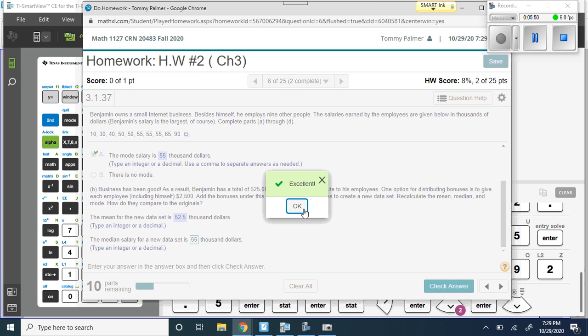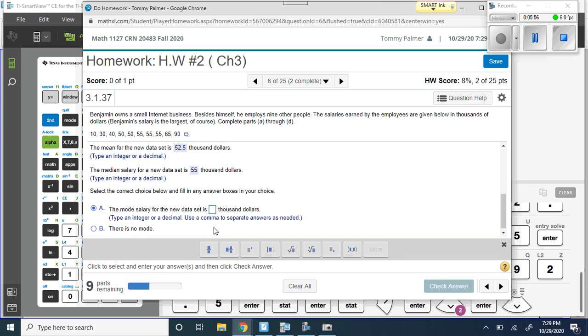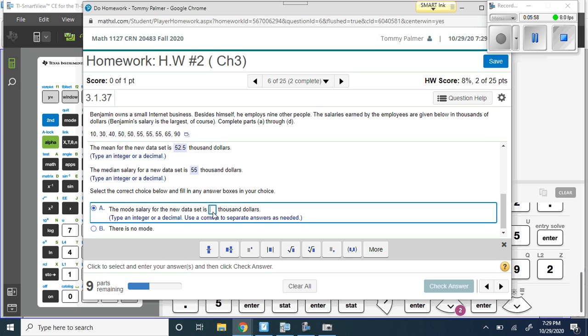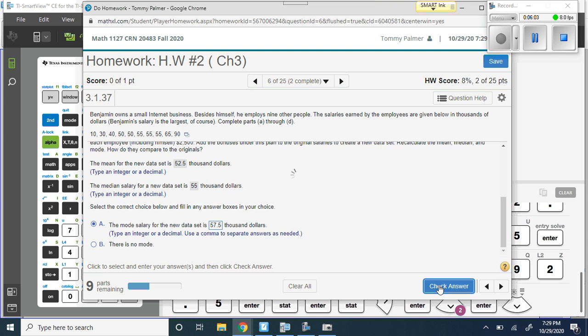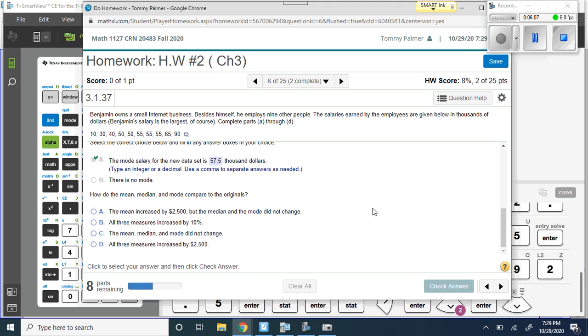All right. Good. And then the mode would be 57.5. So type that in, 57.5, right? Check answers. Good. And then, okay, so how did the mean, the median, mode compare to the originals? All three of them increased by 2,500 or 2.5, right?